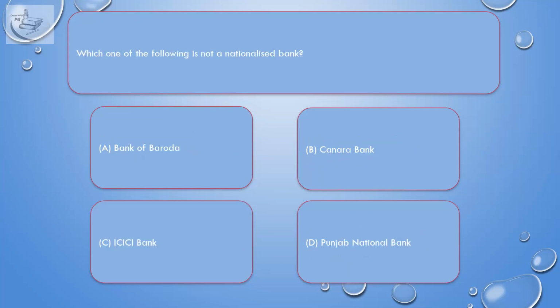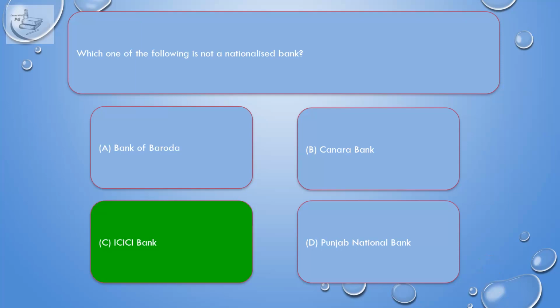Question: Which one of the following is not a nationalized bank? A. Bank of Baroda, B. Canara Bank, C. ICICI Bank, D. Punjab National Bank. Correct answer is C. ICICI Bank.